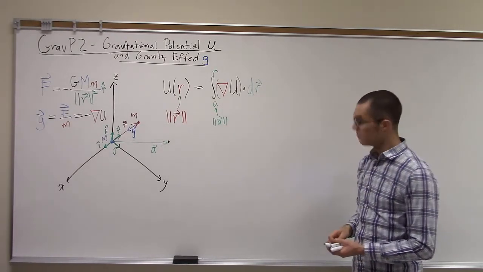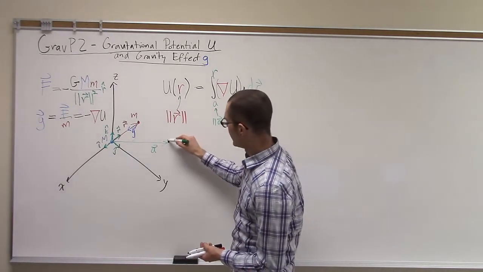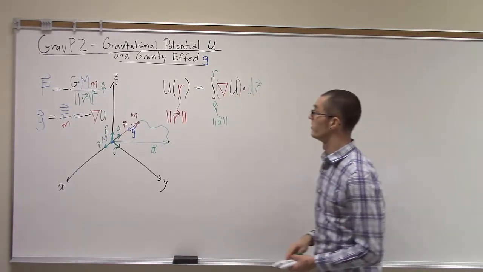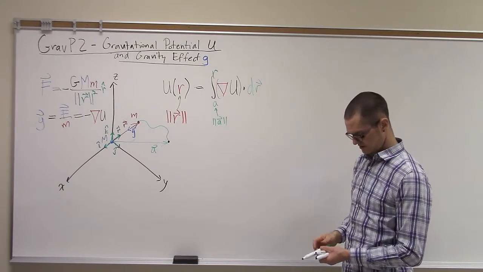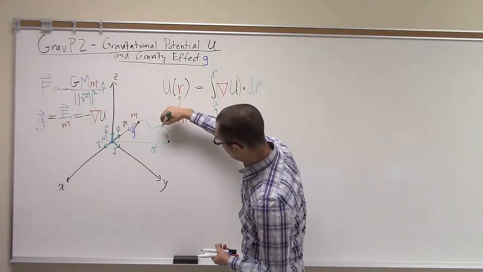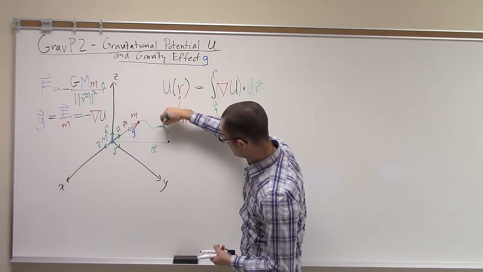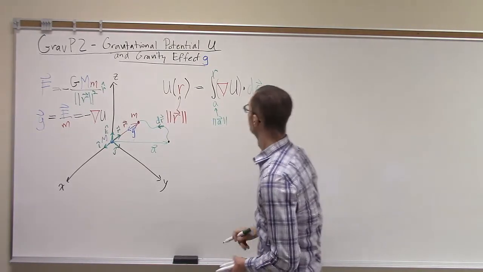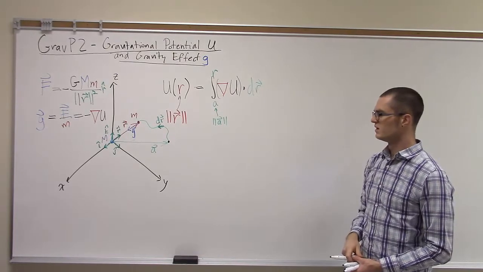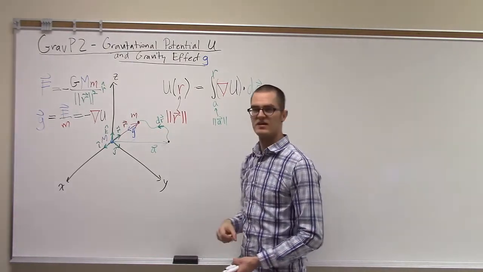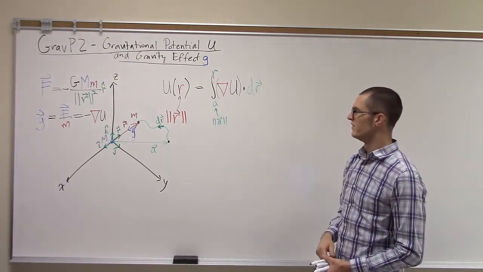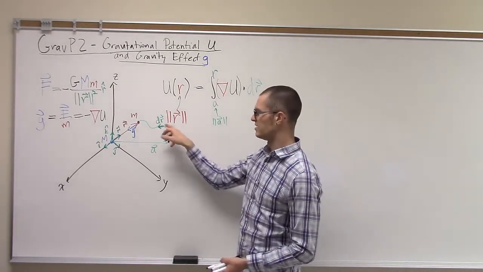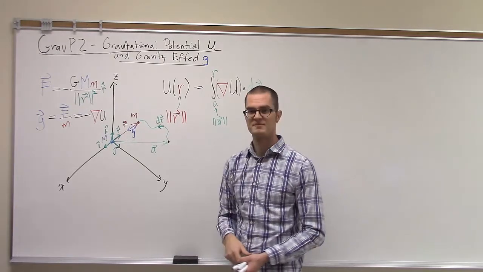If I start from that point and travel along any path to get to my point of interest R, and this dr is an infinitesimal piece of that path, when I arrive at this point, I'll have my value of U. And the nice thing about conservative fields is that its value is actually independent of the path that we take.